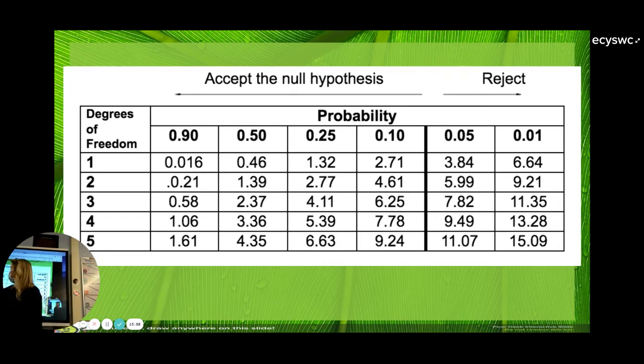I can take up to here, and then after that, this is the reject zone right here. Okay, I'm going to reject if it's 9.49 or a bigger number because it's so off. My chi-square value is so big, it tells me to reject. Anything here, I can what? Accept. Okay? All right. That was chapter 1.